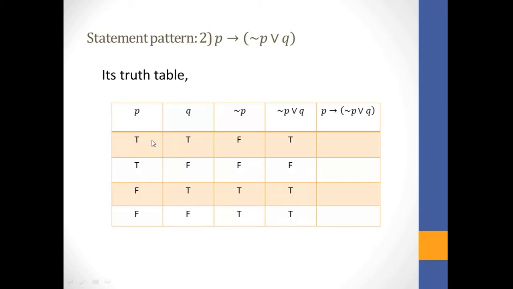T implies T is always T. T implies F is always F. F implies T is T. And the last one again the same, F implies T is T. So we completed this column: T, F, T, T. So the truth table is completed for this statement pattern.